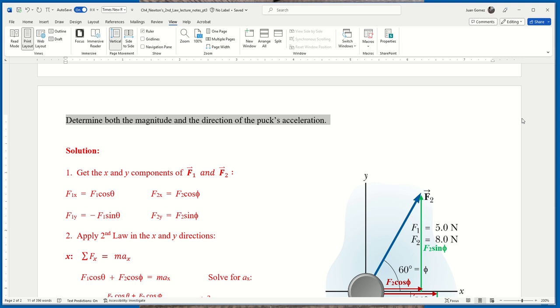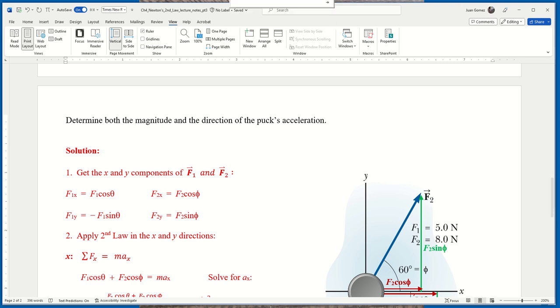So note to self, whenever I ask for magnitude and direction, by the magnitude, I mean I want the magnitude you get using the Pythagorean theorem. To use the Pythagorean theorem, you need to get the x and y components. By direction, I want to know what quadrant the final vector is in, and I want to know what the angle is.